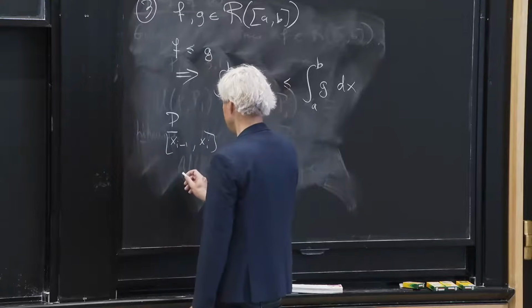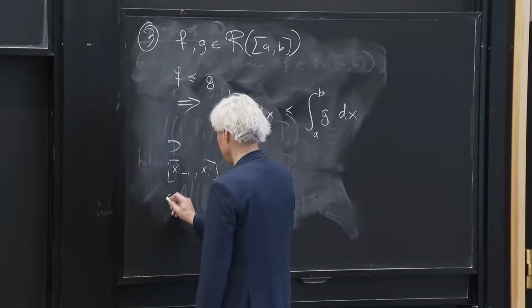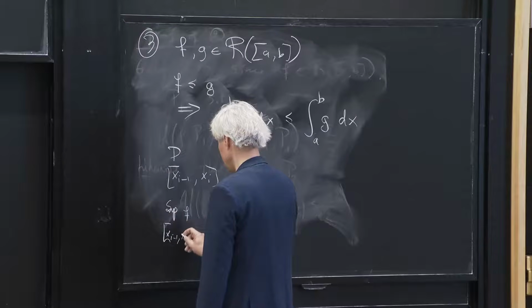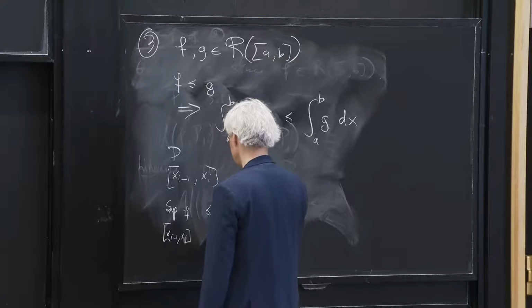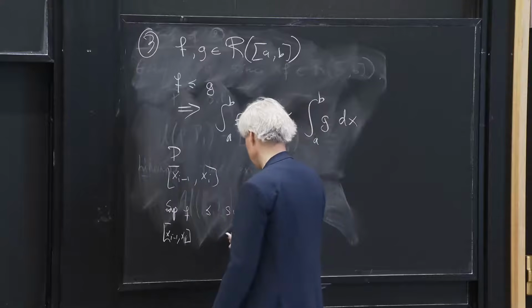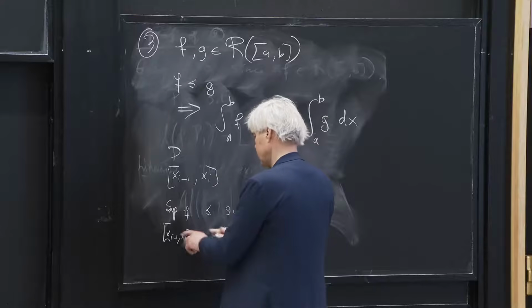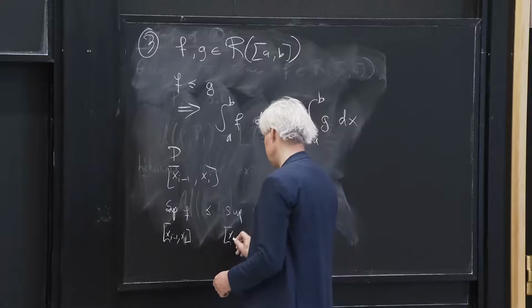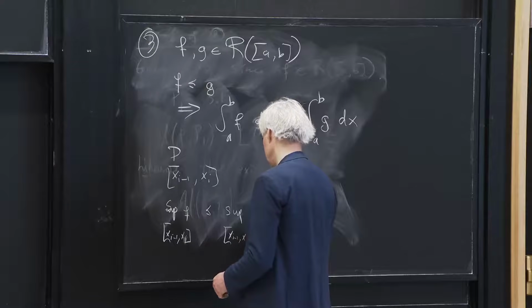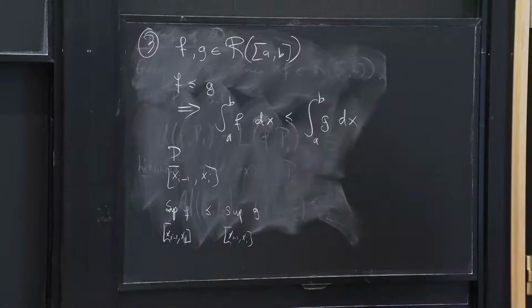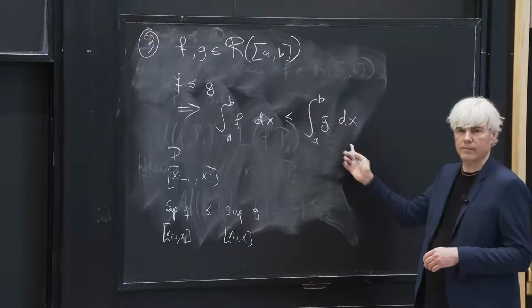And if you're looking at the function f, and you're looking at the sup of f on this little interval, well then obviously this sup is less than the sup of g, just because you have this inequality everywhere, right? And likewise for the inf, and so you see that it's kind of this inequality. You have to, of course, make it nice into a mathematical proof, but this inequality will seem kind of obvious.